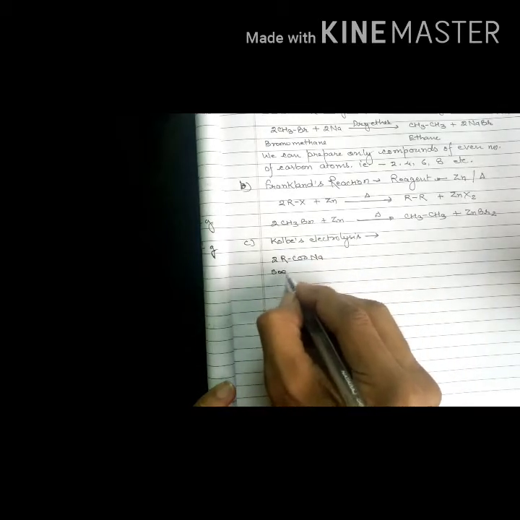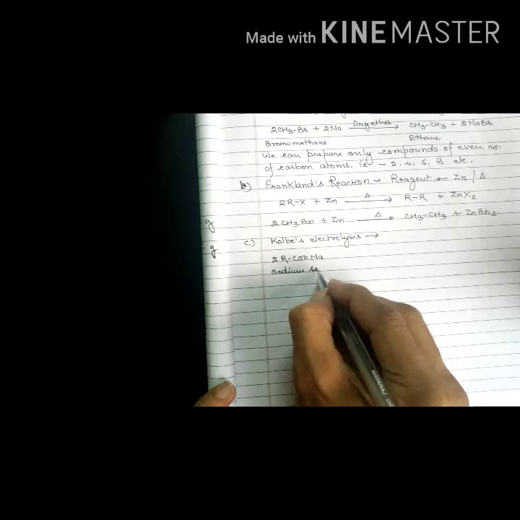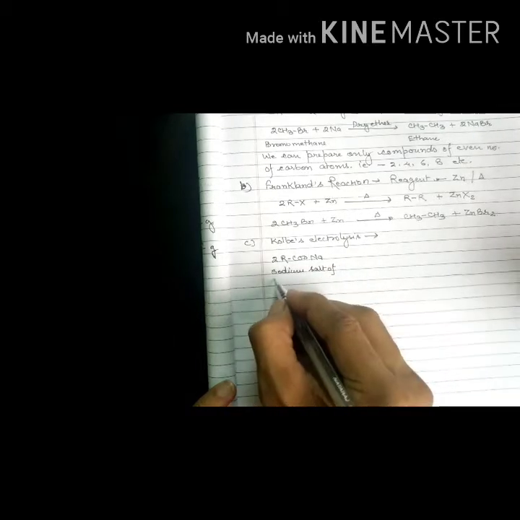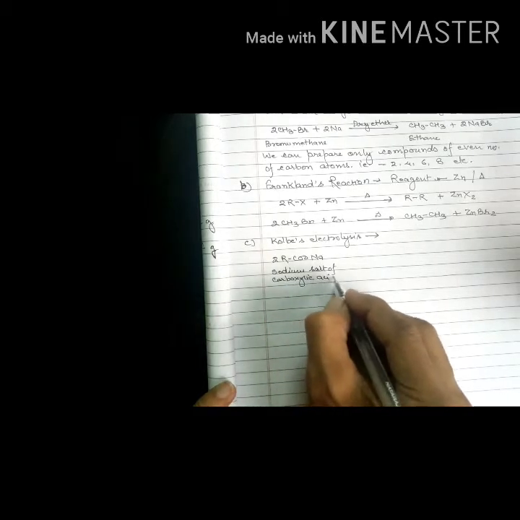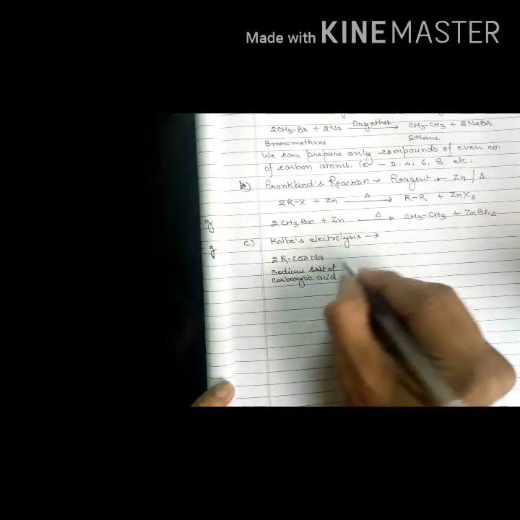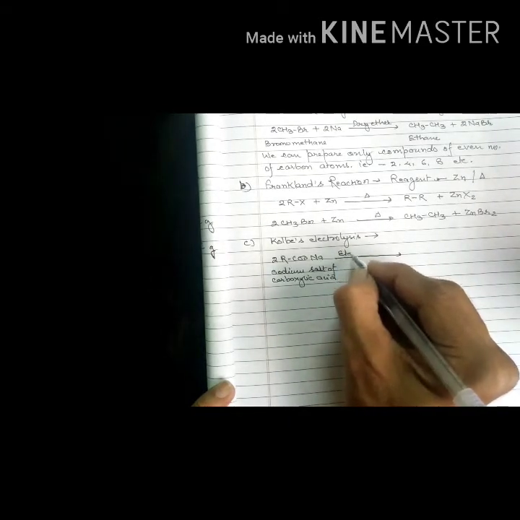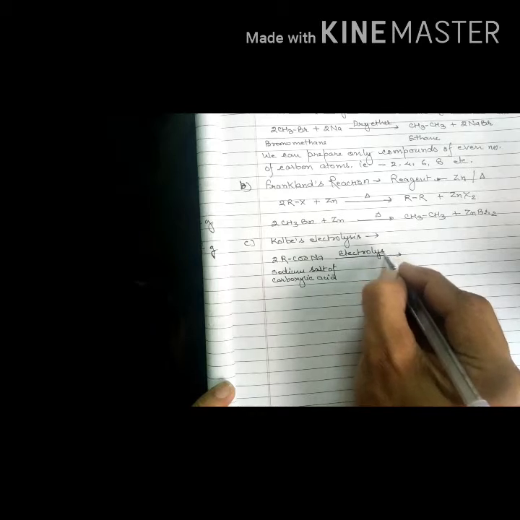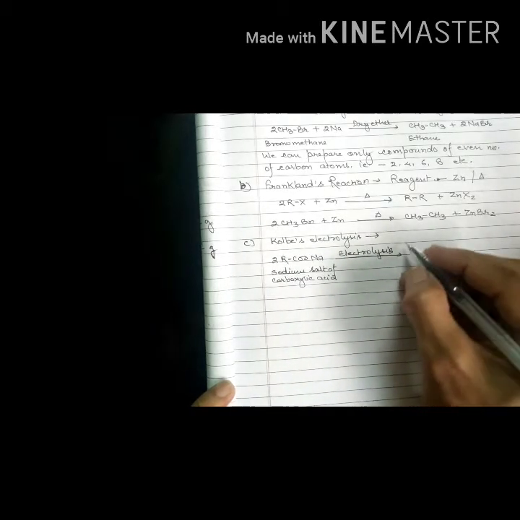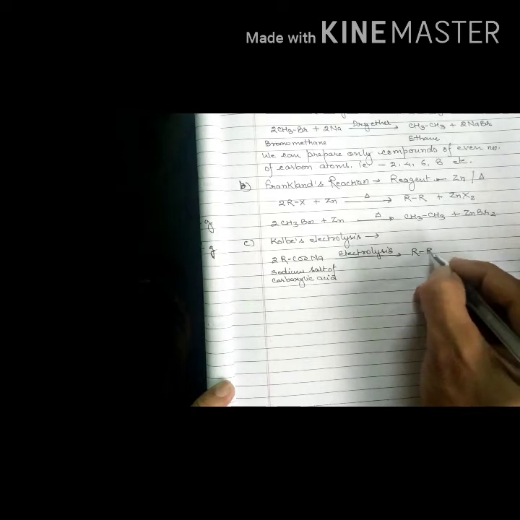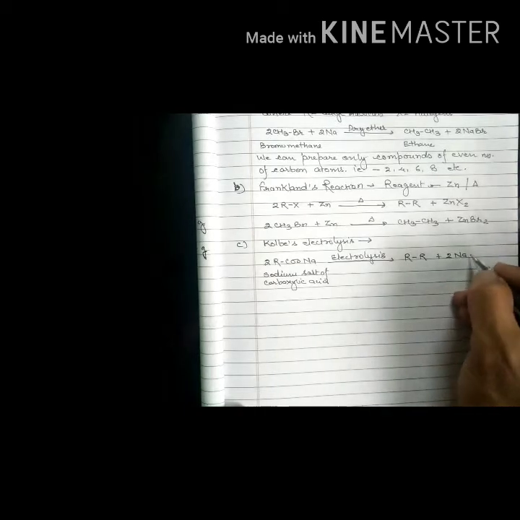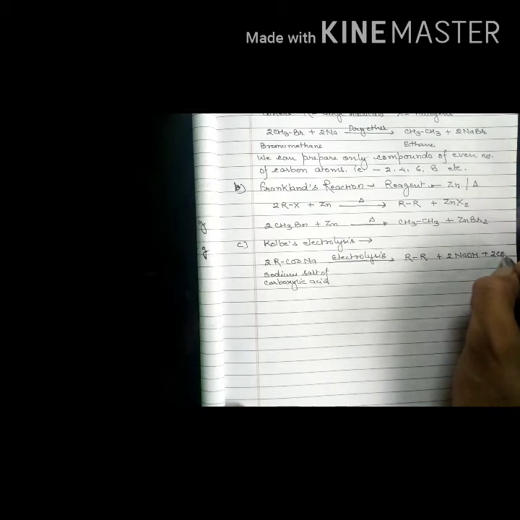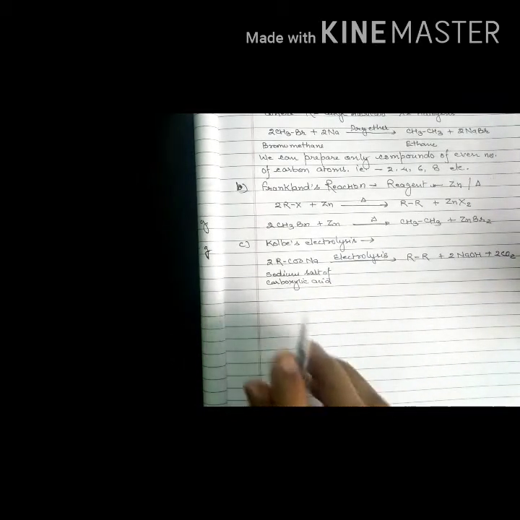This is the sodium salt of carboxylic acid. When it gets electrolyzed, this gives alkane, sodium hydroxide and carbon dioxide.